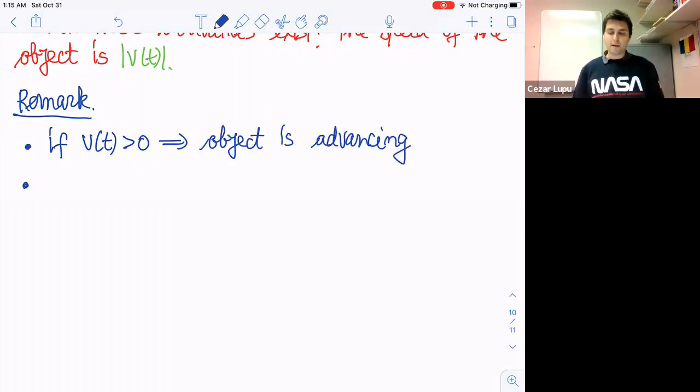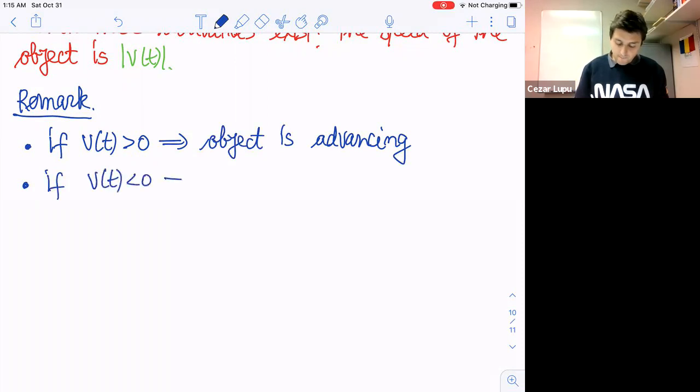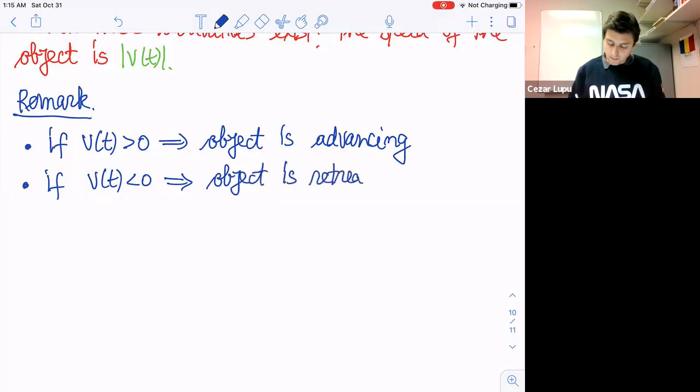Then the second one, if v of t is less than 0, then we can say that the object is retreating.